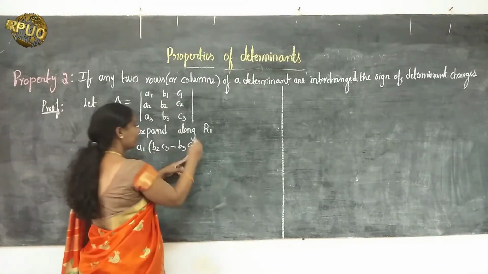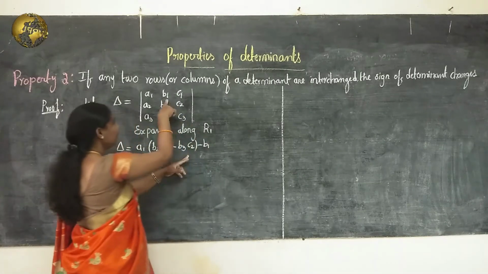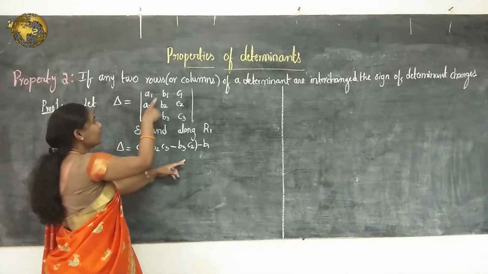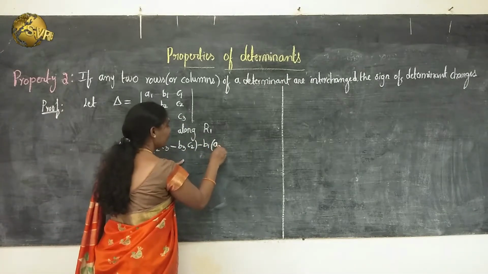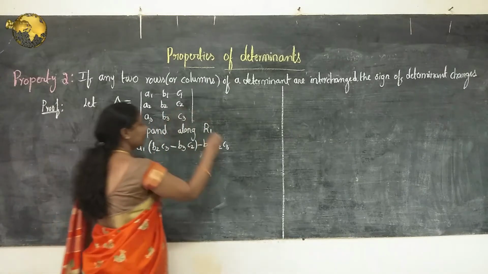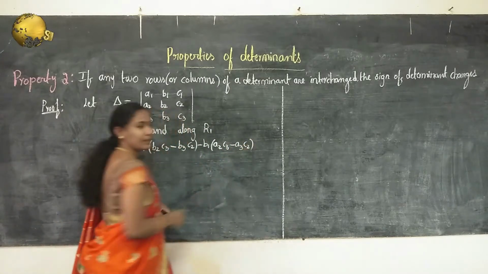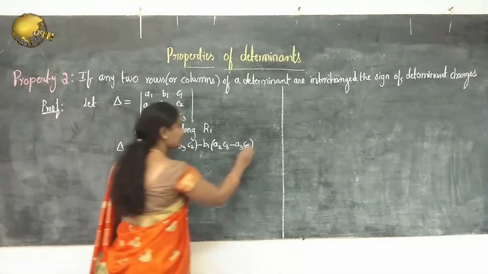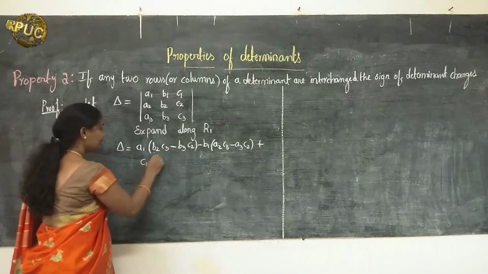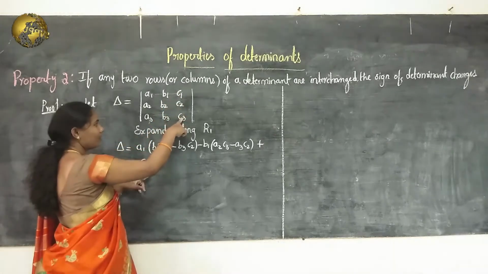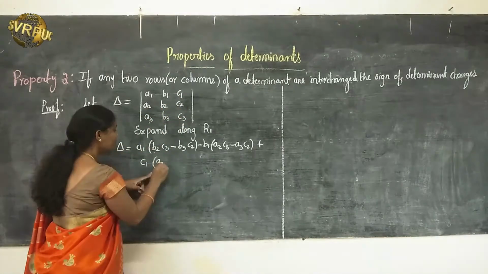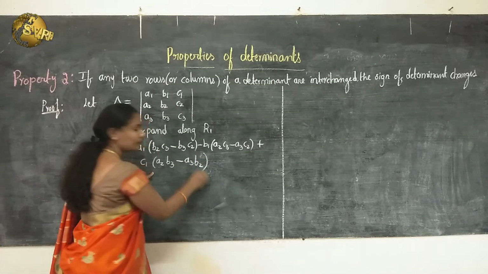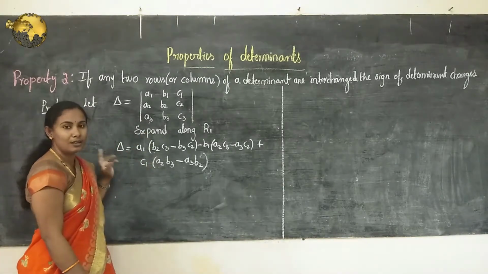And then minus B1 into, the first row, second column elements neglected, so A2 C3 minus A3 C2. Plus C1 into first row, third column elements neglected, so it is A2 B3 minus A3 B2. So this is the value for the delta.